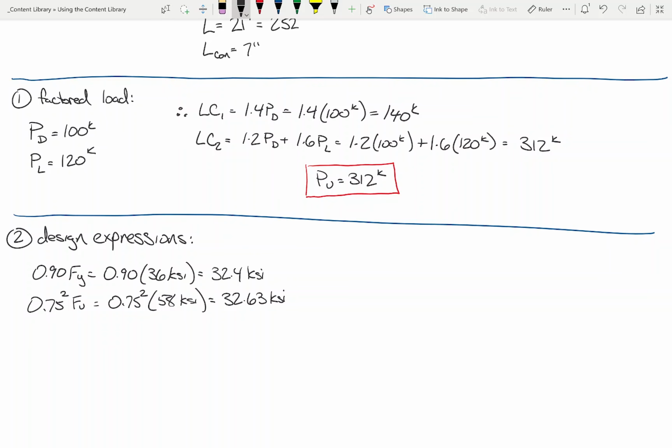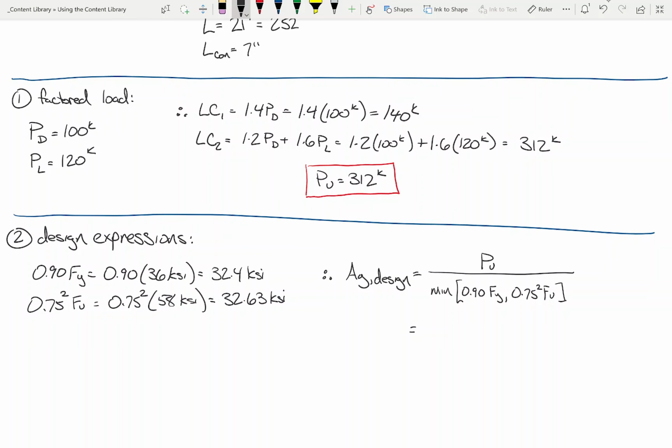Okay, so therefore, if I write this out, which is the minimum?